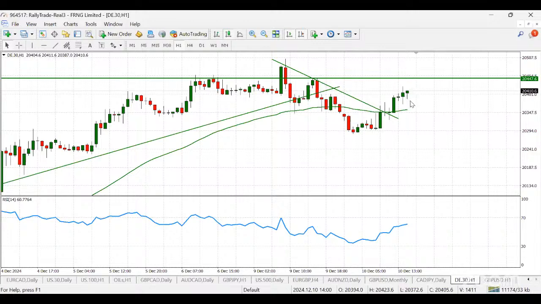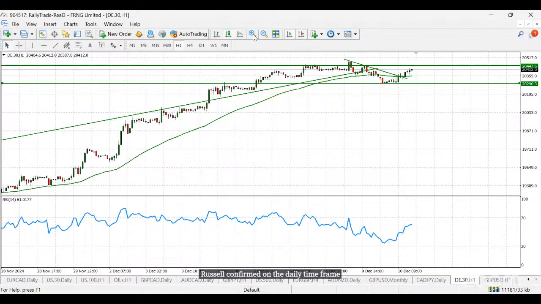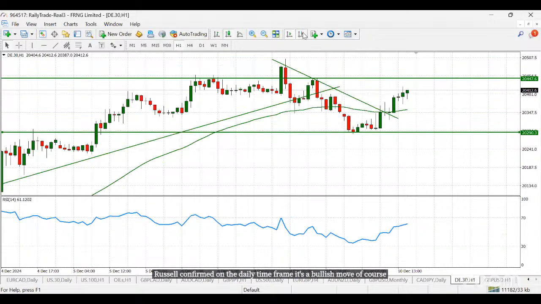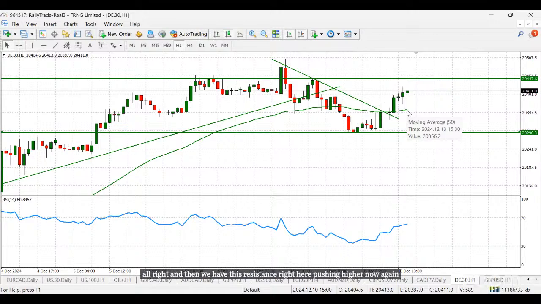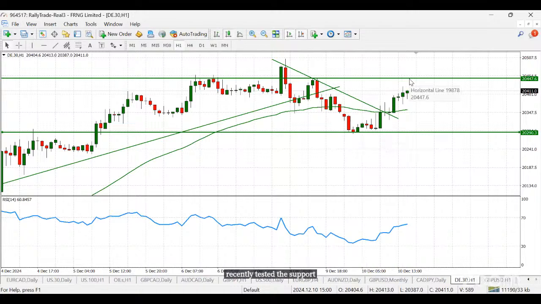Okay, so as it says, of course, this is currently bullish, and then we also confirmed on the daily time frame that it's a bullish move. Of course, it's a bullish structure. All right, and then we have this resistance right here pushing higher. Now, again, it is also above the 50 period moving average. Recently tested the support, now approaching this resistance.